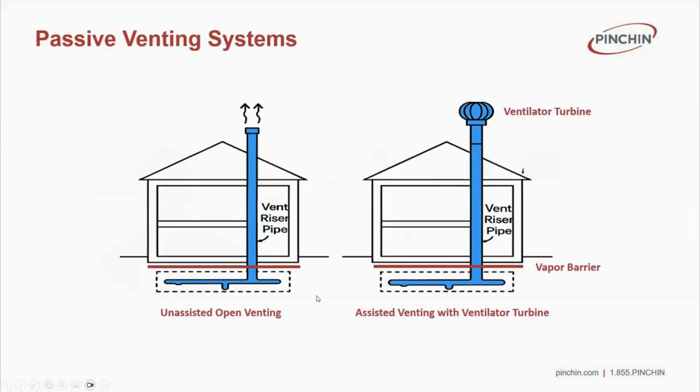So passive venting systems can be represented by these two schematics mainly. One without ventilator turbine assistance and the one with ventilator turbines. The one on the left works with stack effect, which Andrew has actually dived in quite a bit into.